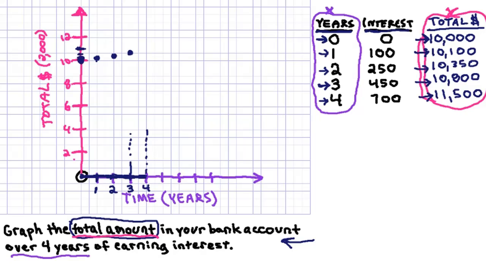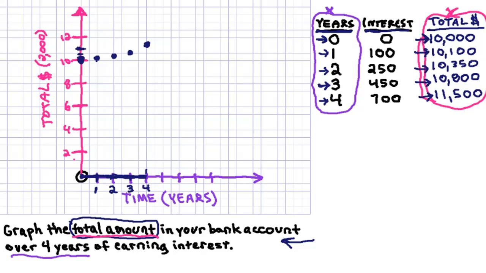Well, we know that 11,000 is right about here and 12,000 is right here. So 11,500 would be right in between 11,000 and 12,000. So it would be this dot right here, just kind of smack in between those two. And let me erase the other marks that I made here.